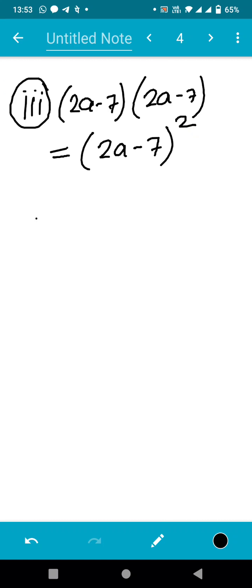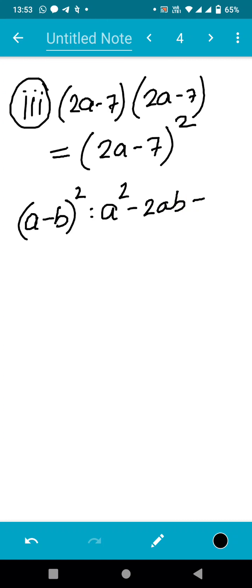And what was the second identity? It is a minus b whole square. So what is the formula? It is a square minus 2ab plus b square. Okay, so this we have, put it inside the bracket or box.